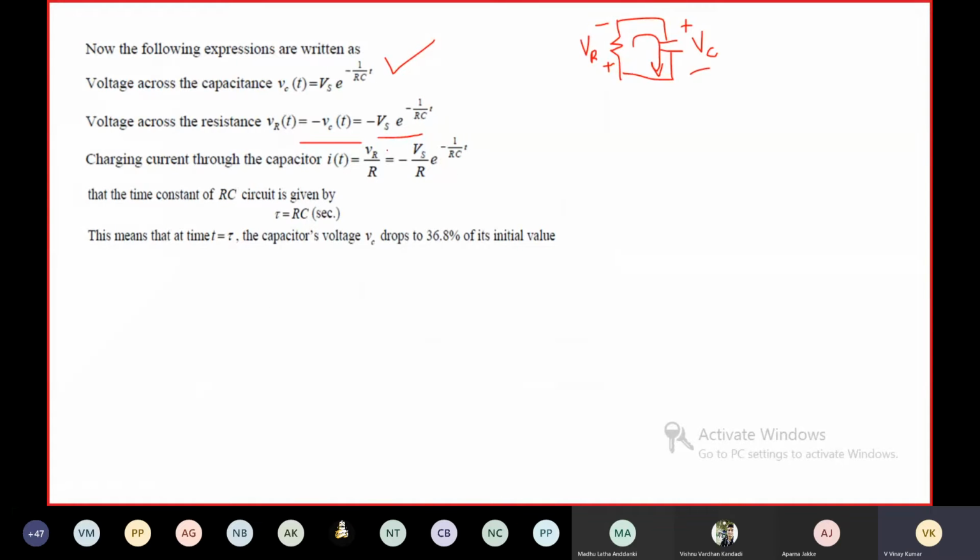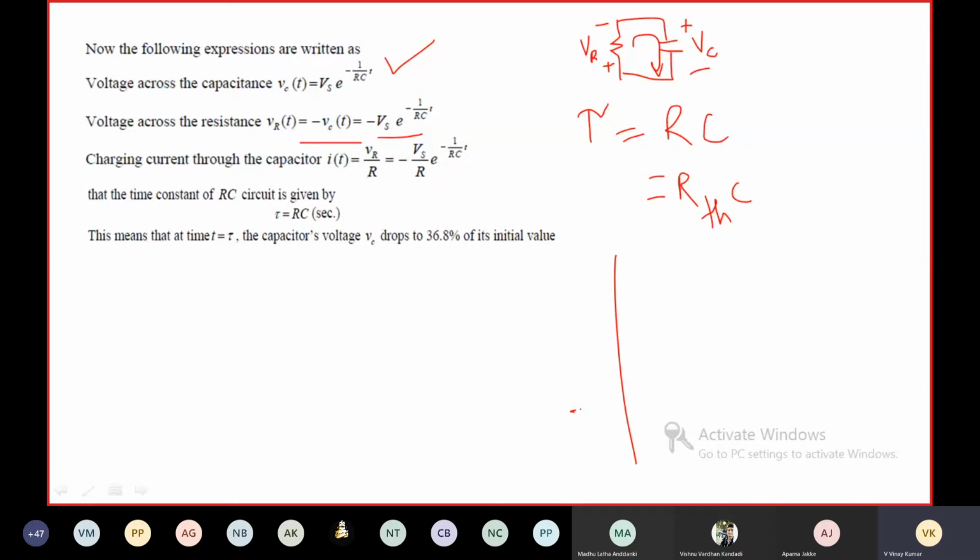I of t is equal to VR by R, which is minus Vs by R e power minus t by RC. Here, the time constant tau is equal to RC, which is nothing but RTh into C. How can you define the time constant?